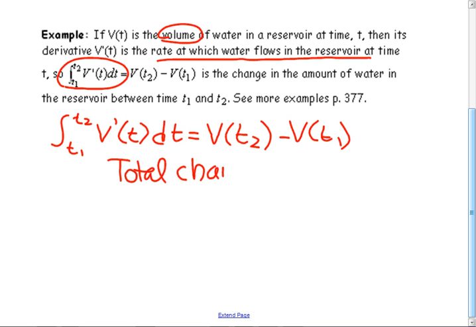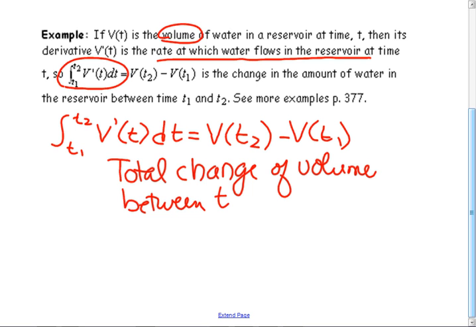Total change in the volume is not enough on the exam. Volume between T1 and T2. And we'll divide. Right, and they will ask you, what's the average change? Divide by T2 minus T1. That would be correct. Okay?